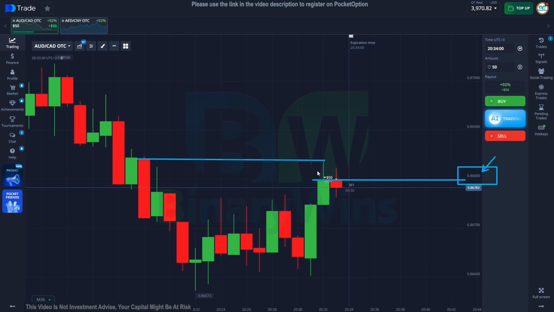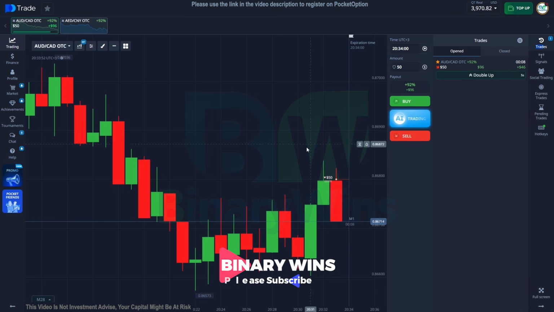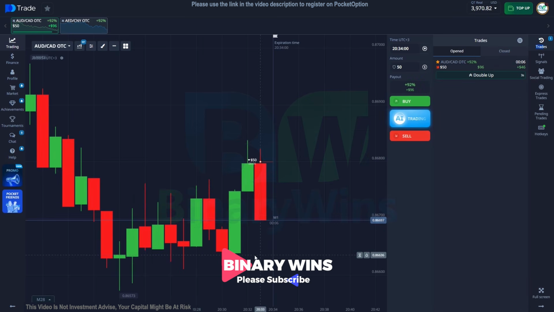The shadow on the level, the body on the round number level. As I explained, our main trend was down, and we entered the trade in the direction of the trend. Okay, we're waiting for the position to close.